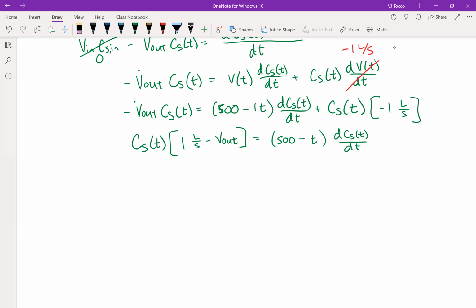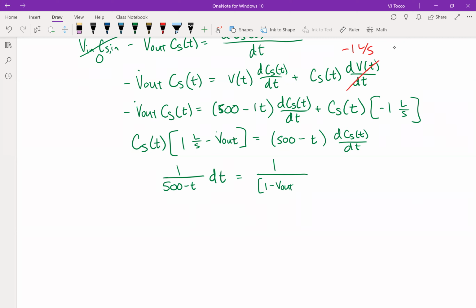If I want to separate these variables now, I can say bring 500 minus t over to the left-hand side, bring the dt over to the left-hand side, and then bring everything over to the right-hand side. 1 over 1 minus V out. I kept the units up here so that you could see what I was doing, right?